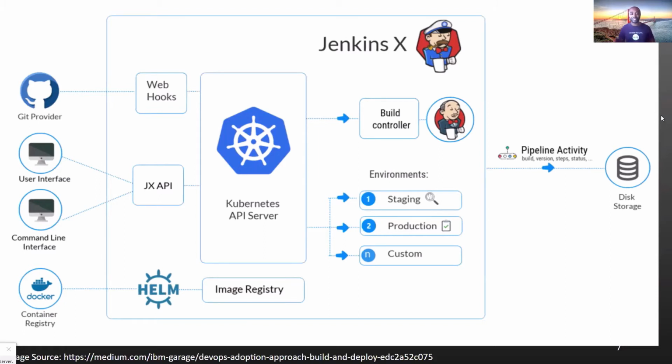The commands are sent to the JX API, and the JX API sends the commands to the Kubernetes API server. So the Kubernetes API server sits in the middle of everything, and it does the magic. As you can see, we have our Docker containers containing our microservices or applications.